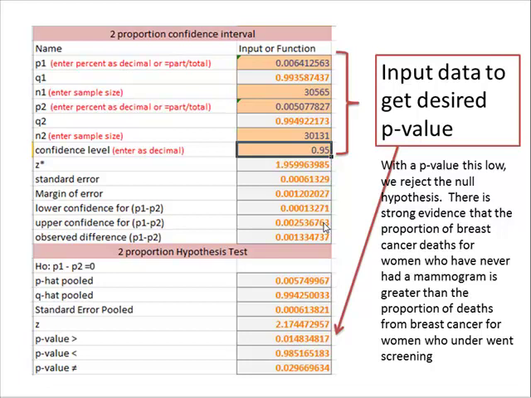You wouldn't have evidence to suggest a difference from the null. But in this case we do, because our lower and upper limits are both positive, which means there is a slightly higher percentage in women who have not undergone screenings.